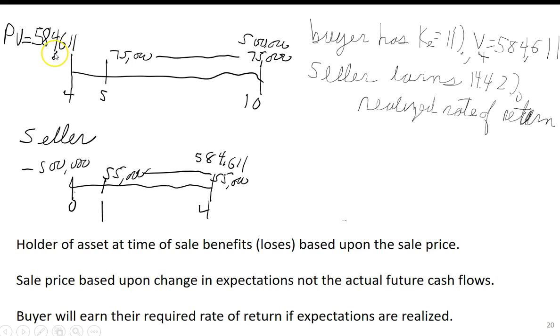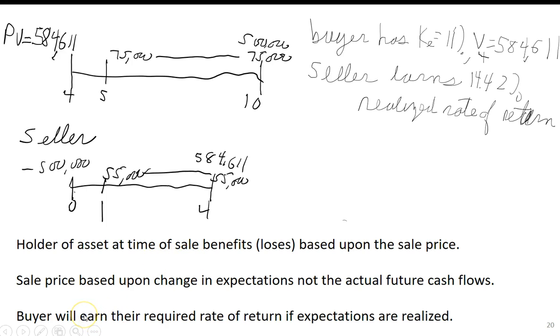So again, the price moved from 500 to 584 based not upon what actually happened, but upon the change in expectations. And the change in expectations impacts the holder of the asset at the time of the transaction.